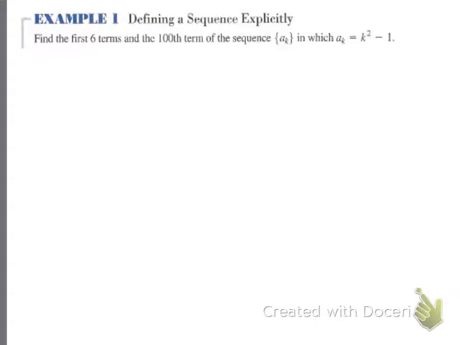So they want us to find the first 6 terms and the 100th term of the sequence a sub k, where a sub k equals k squared minus 1. So a sub 1 would be the first term, so k is 1, so 1 squared minus 1 would be 0.